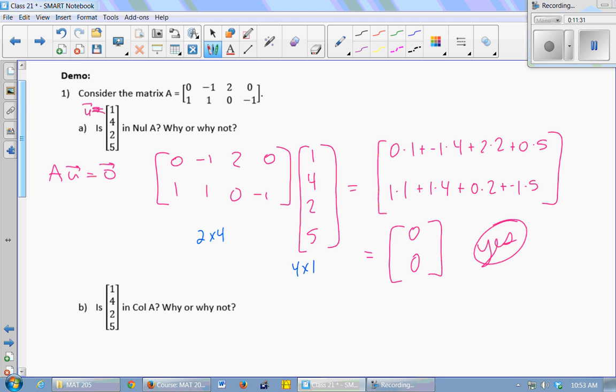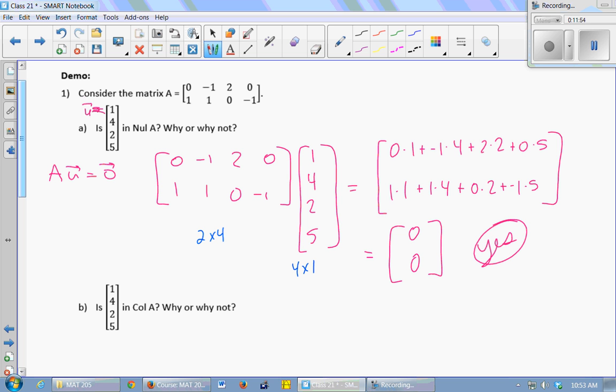Is 1, 4, 2, 5 in the column space of A? How can you answer that so quickly? The wrong dimensions, yeah. The column space of A is the set of all linear combinations of the columns of A. If you take a linear combination of those 4 columns, you get something in R2. You just do different weights on these columns and add them up.